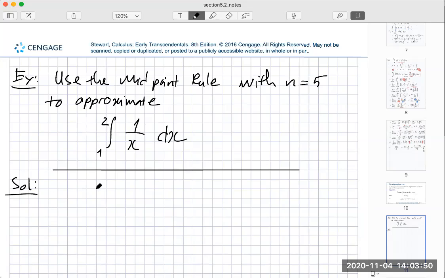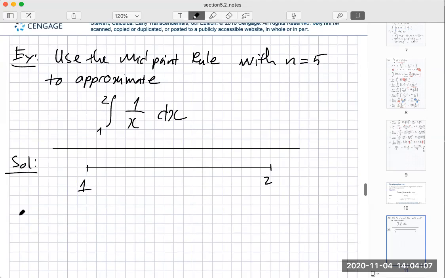So, okay, 5 points. Then this is 1, this is 2, and we know that this is x0, right?